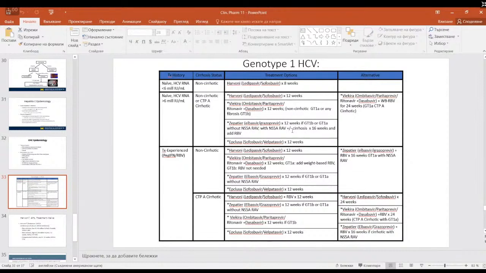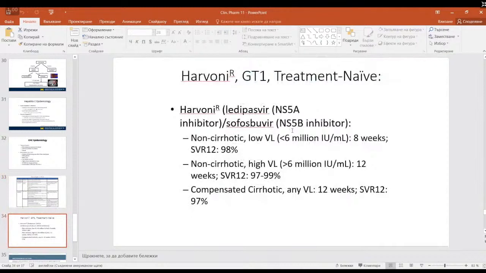But again, we need to have genotyping before starting therapy. The good thing about therapy is that it's not very long, so it usually takes 2 to 3 months, but it is very, very effective. So you can see that ledipasvir is a non-structural protein 5A inhibitor, and sofosbuvir inhibits non-structural protein 5B.